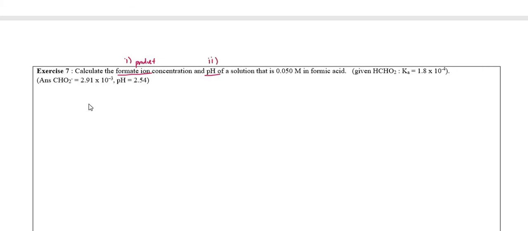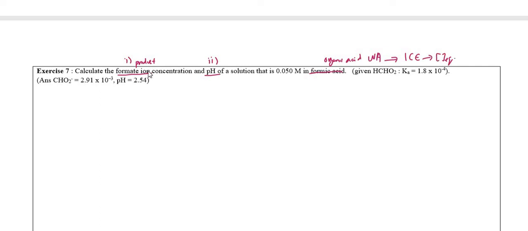So do we need an ICE table? Yes. Formic acid is an organic acid. Organic acid is a weak acid. You need an ICE table because you want to find the concentration at equilibrium.